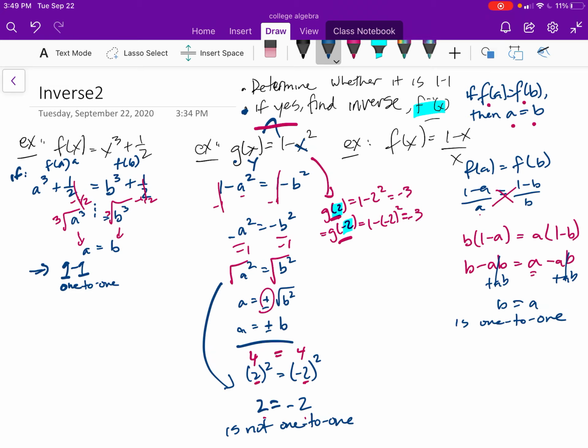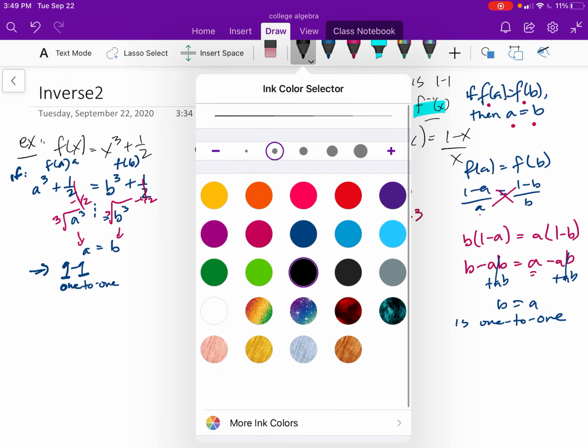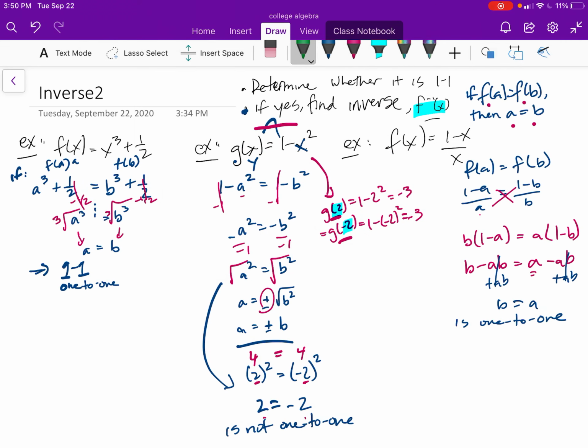Right here, let's jump back to the first one. I'll choose a different color. I begin with y equals x to the third plus 1/2. Because f of x really just means y, right? It's function notation. But to do an inverse, I switch the x and the y.